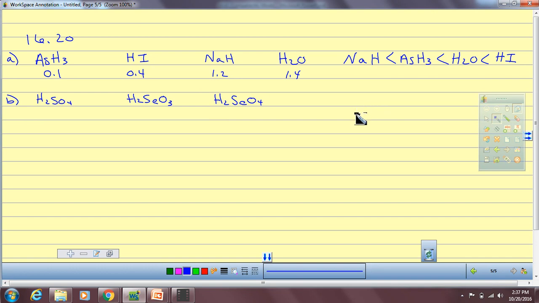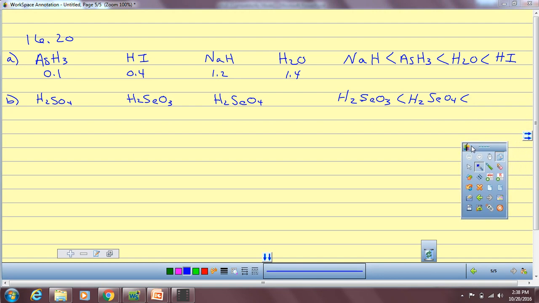And then our second example, H2SeO3, H2SeO4 and H2SO4: the Se and the S are in the same group. So our H2SeO3 has the least oxygens. This is oxyacids. And then S is more electronegative than Se. So then H2SeO4 and H2SO4.